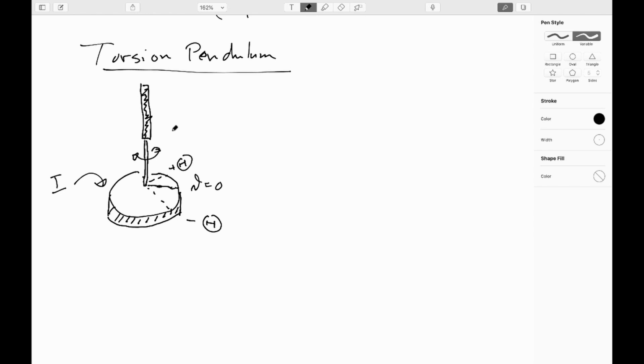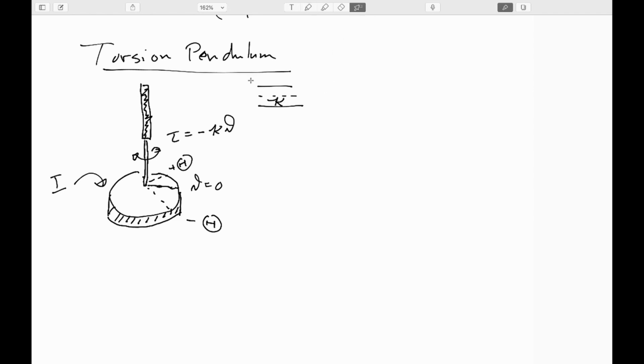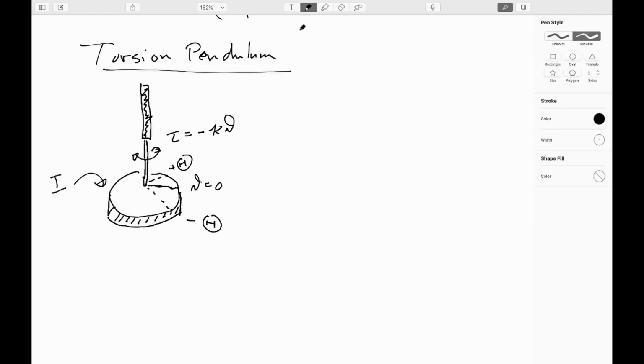And it'll turn out that the spring steel will exert a torque that is proportional to the angle. Now this letter here is a lowercase Greek kappa. You would draw one like that. That's called the torsion constant.